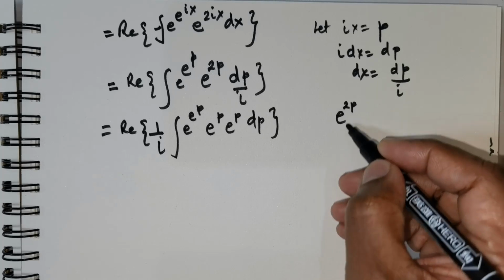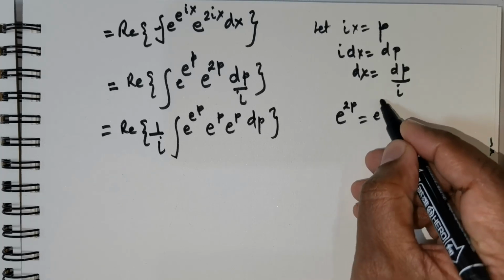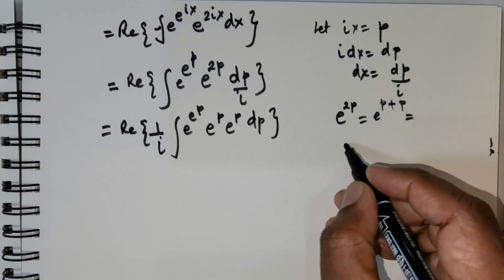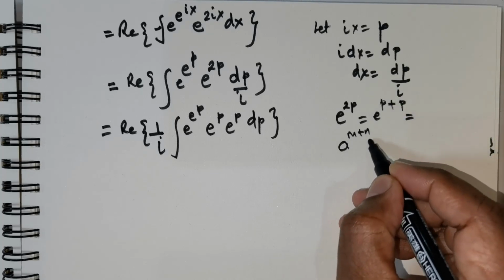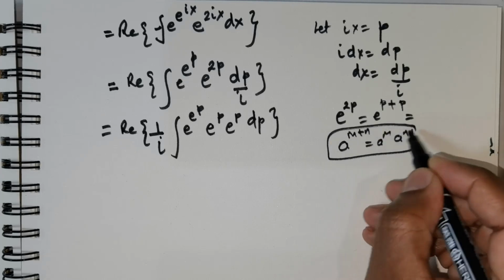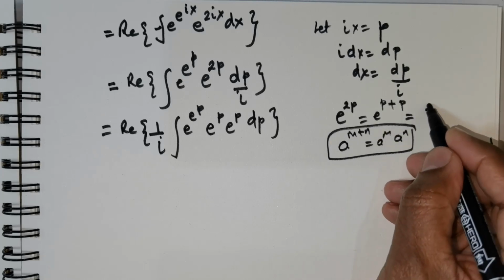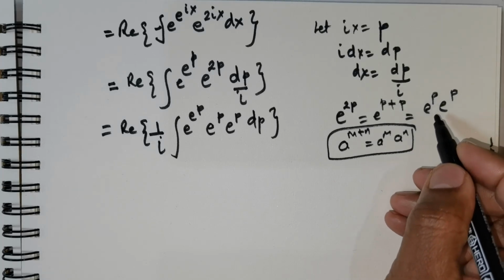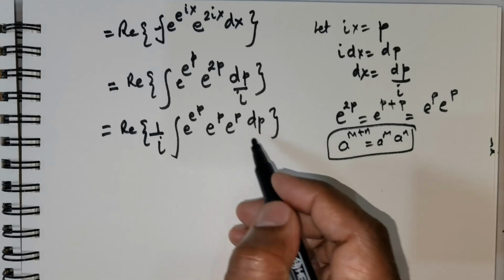Now this is what I'm exactly doing. Now e raised to the power of 2p is going to be e raised to the power of p + p. If you have a raised to the power of m + n, you can rewrite it as a raised to the power of m times a raised to the power of n. I'm going to apply the same concept. So this is going to be e^p times e^p. So that's exactly what I'm doing.